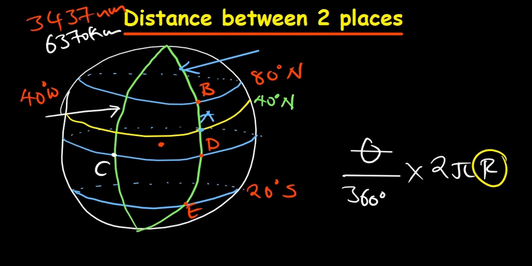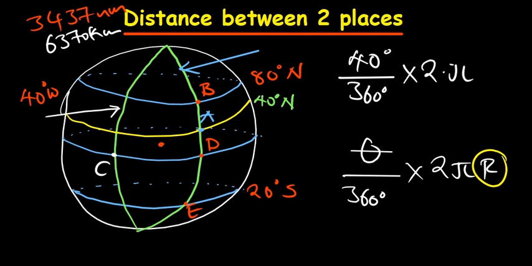So we're going to have 80 minus 40, which is 40, over 360 degrees multiplied by 2 pi r. Pi is on your calculator. The radius there, if you want to calculate in kilometers, you use that. In nautical miles, you use that. The other way would be 40 degrees multiplied by 60, which would give you the answer directly in nautical miles.